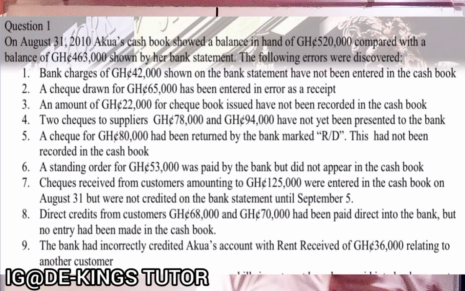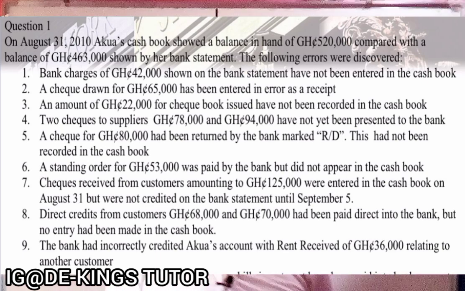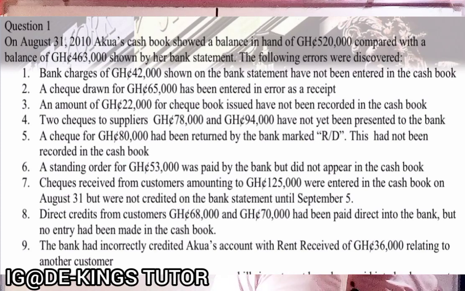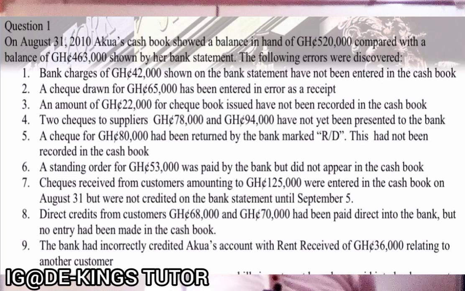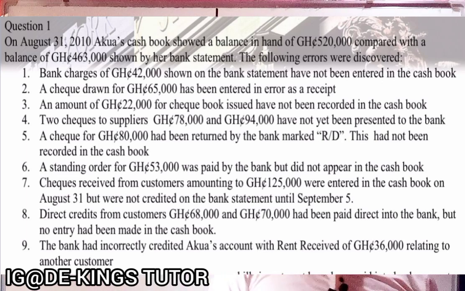This had not been recorded in the cash book. Number six, a standing order for 53,000 Ghana cedis was paid by the bank but did not appear in the cash book.